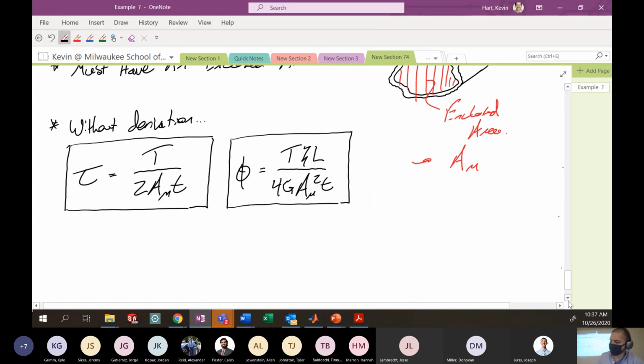All right, where we're going to define these guys. Tau you know, T you know. The only things we really need to define here are A_m is the enclosed area. This little t, wall thickness.